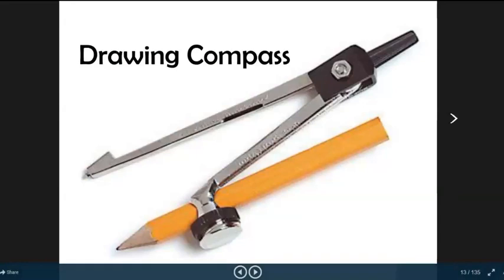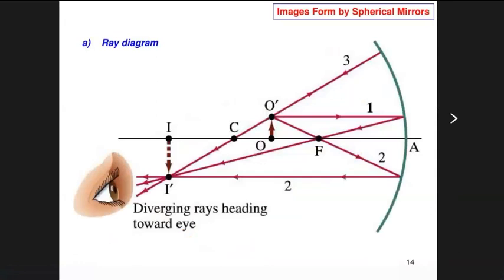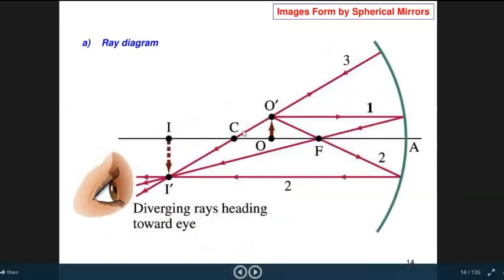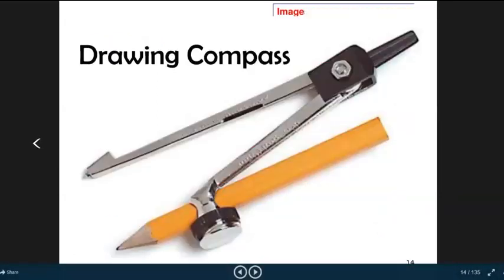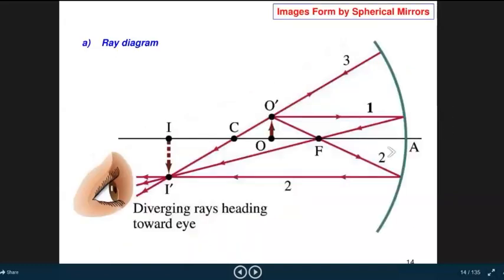So let us check how to draw it using a compass. Place the pointer of the compass at the center of curvature of the mirror, and then rotate the compass. The distance between the compass pointer and the pencil is called the radius of curvature. Then move it, and you will draw the mirror.